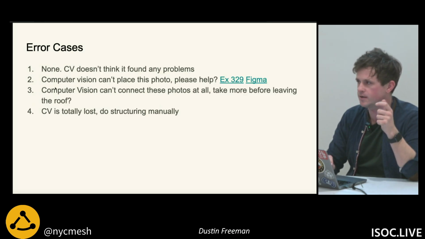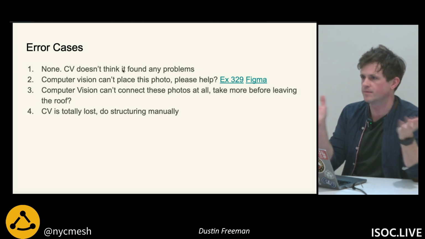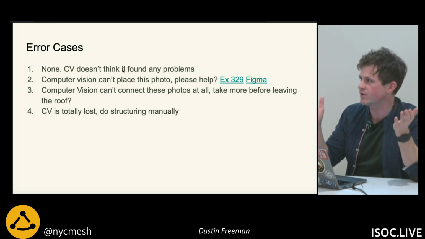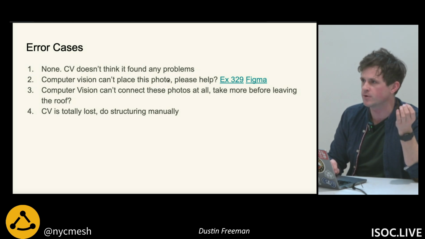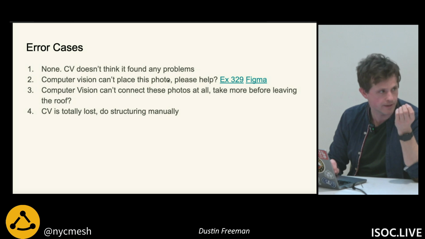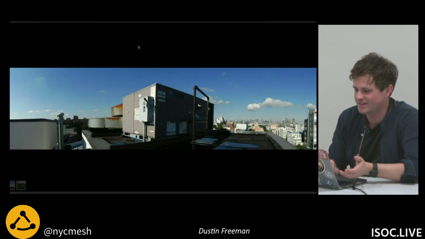The error checking is in tiers like this. None: everything magically works and nothing is wrong. Or the computer vision couldn't place a particular photo. There's one orphan photo, and it doesn't know where it should go. Please help. Let me show a fun example here, and maybe someone knows what it is. Here is a pretty reasonable rooftop.